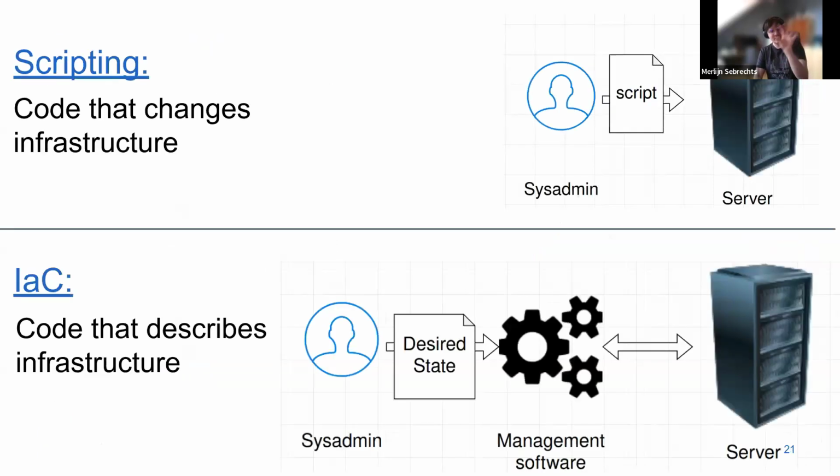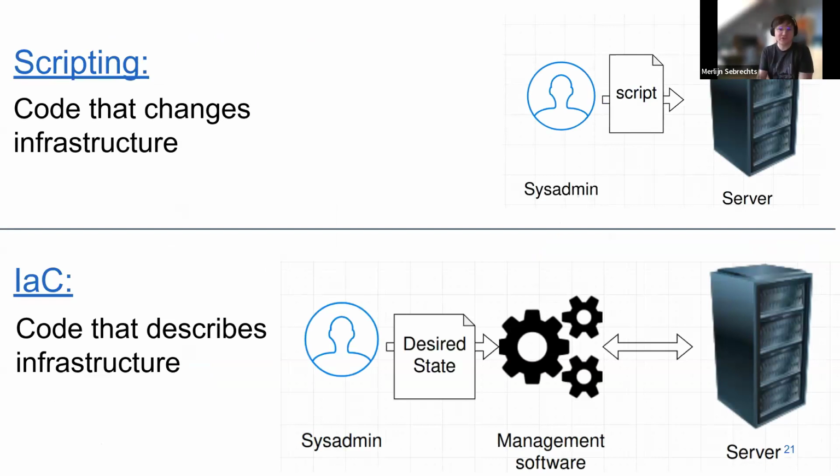So let's take a look at the difference between scripting and infrastructure as code. Scripting is basically you using a script that changes infrastructure directly, a script that has a bunch of commands that execute certain scripts, that install packages, that change configuration files.